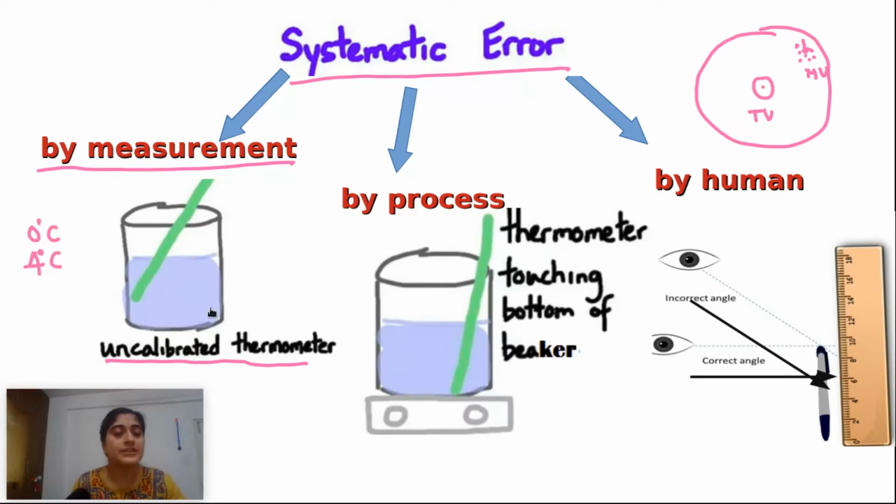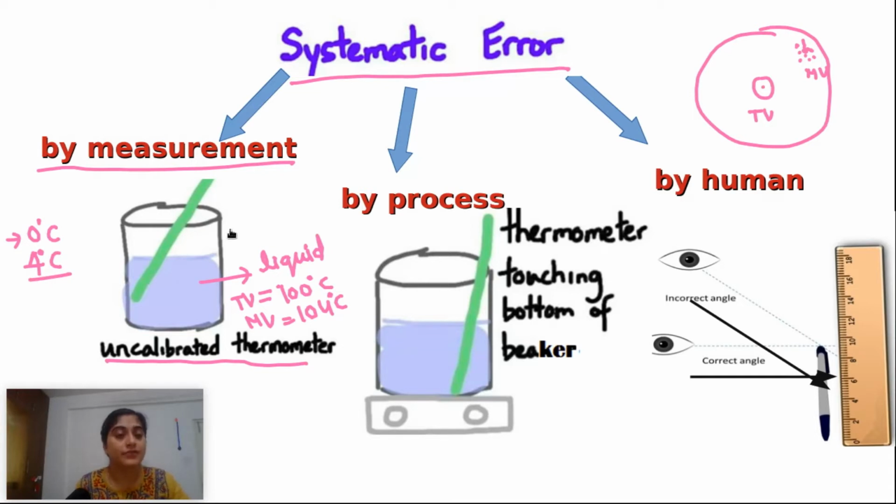So this 4 degree centigrade difference will always show at any temperature you measure. Suppose a liquid is at a true temperature of 100 degrees centigrade, and the measured value you find is 104 degrees centigrade. You have not calibrated it, because at 0 degrees it should show 0 degrees centigrade, but it was showing 4 degrees centigrade.